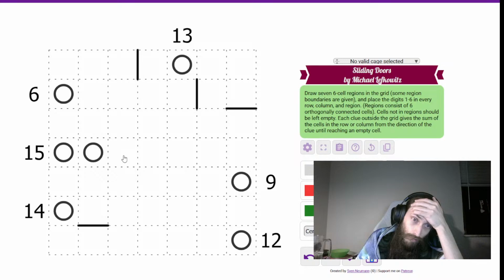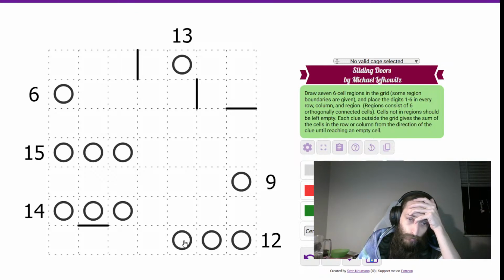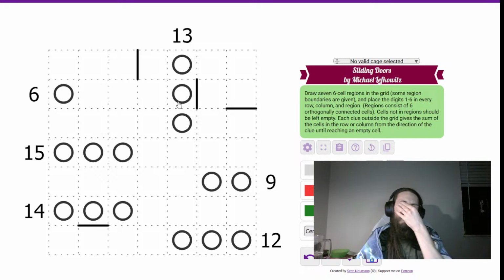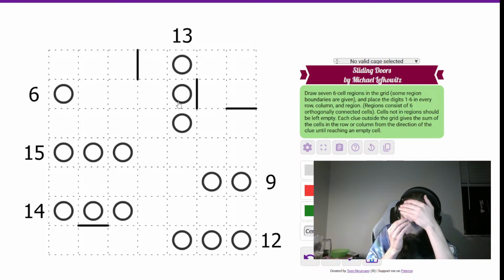And 6, 5, and 4 would be 15. So this is minimum 3. 14 is also minimum 3. And 12 is minimum 3. 9 is minimum 2. 13 is minimum 3 because 6 and 5 is 11. So I have to at least reach the third cell. That's bugging me.